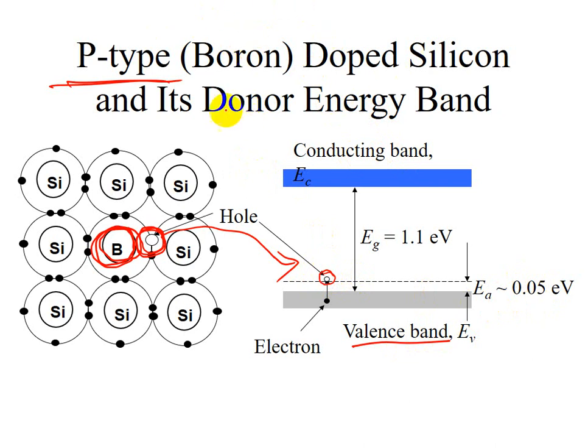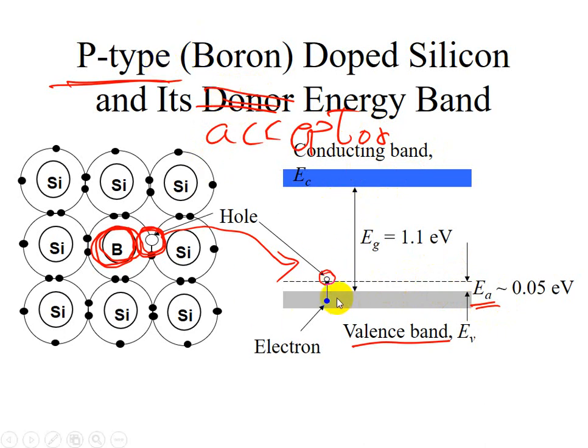Okay, this is acceptor, A, C, C, E, P, T. This acceptor energy level, EA. Acceptor, not donor. Donor is for group 5 element.